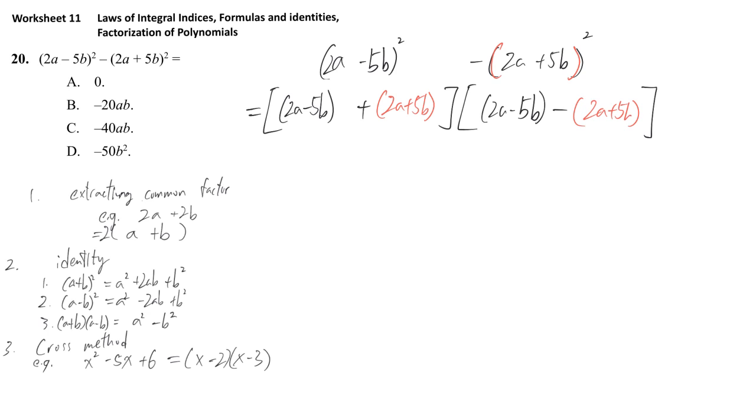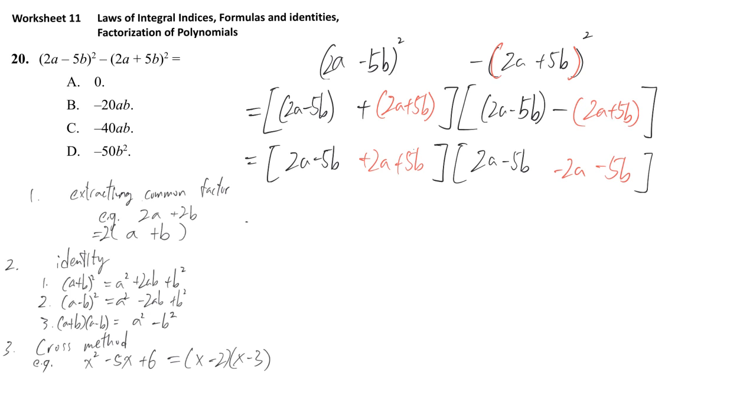2a plus 5b. So if we continue, 2a minus 5b, nothing outside the bracket, so you just simply remove it. Positive outside the bracket, anything times positive is still the same, so it's still positive 2a, positive 5b. And then this is 2a minus 5b. Everything inside we need to multiply by negative, so we have negative 2a, and most important, 5b times negative, negative 5b.